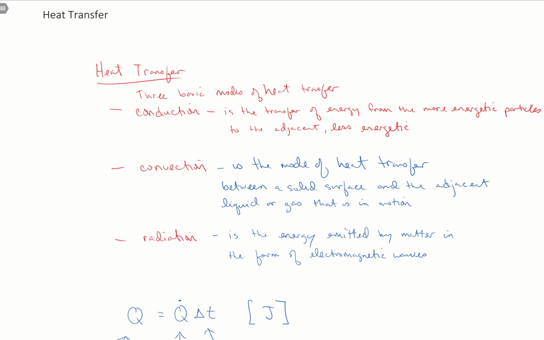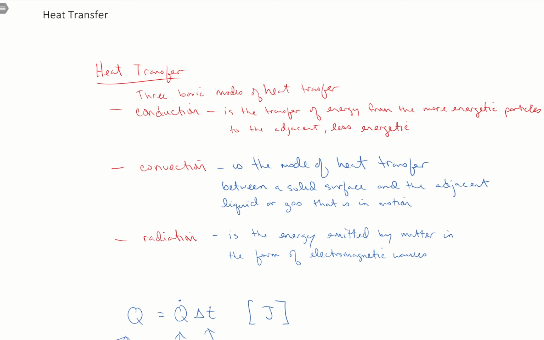It should be in motion. So again, this is different than conduction. Convection has a solid surface with a fluid, like maybe air blowing next to a wall. That would be taking energy away through the air as the air is moving. Okay, that's convection.